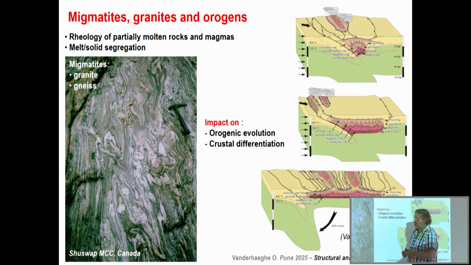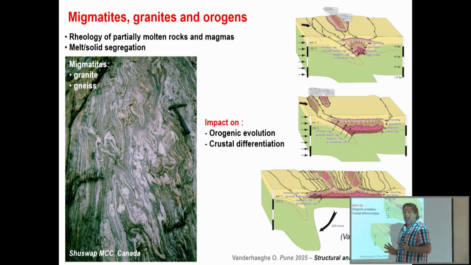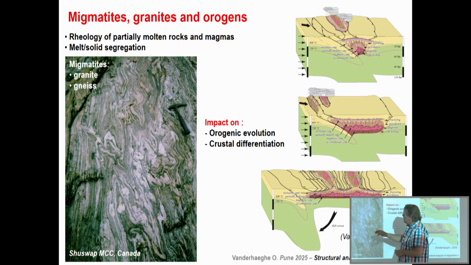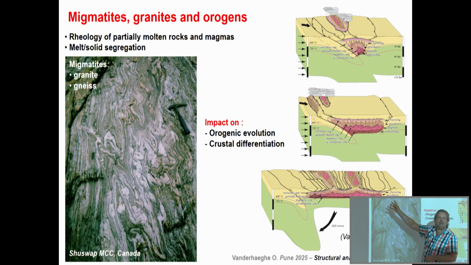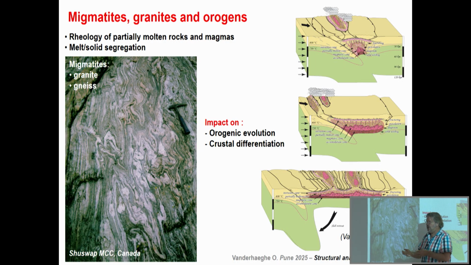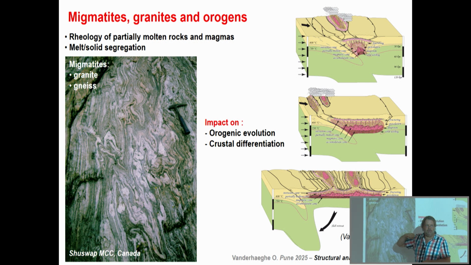But then there's also another process which is recorded in these rocks. Migmatites, I should define them now. I'll do that later on, but they are made of a mixture. Migmatite is a mixture of rocks: of a white part that has a quartzo-feldspathic composition, a texture that we interpret nowadays as being representative of a melt that has crystallized, a silicate melt.